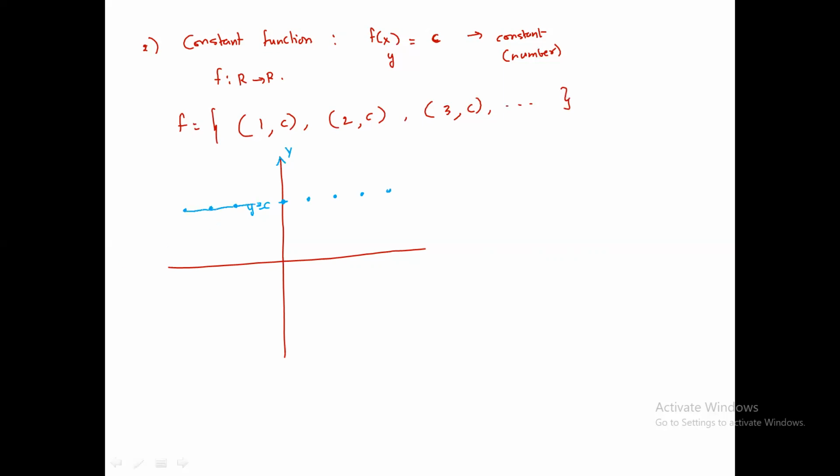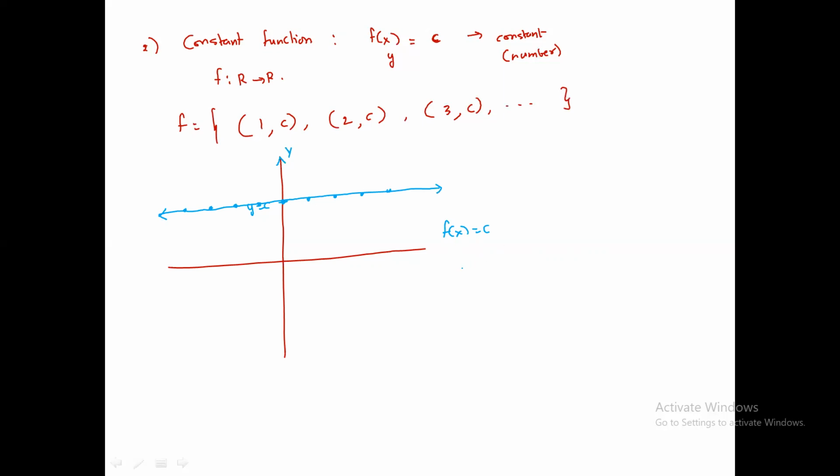So if you join all these points, this line will go continuously like this. So this is the graph of the function f of x equal to c, where c is a number.